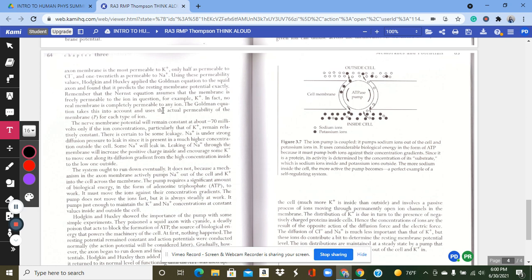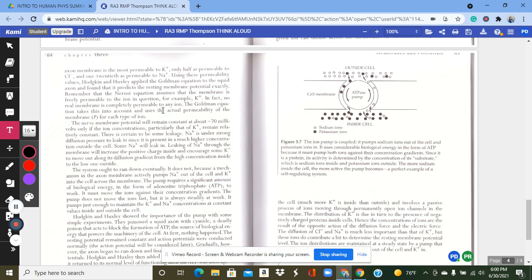So yeah, the nerve membrane potential will remain constant at about negative 70 millivolts only if the ion concentrations, particularly that of potassium, remain relatively constant. There is certain to be some leakage.